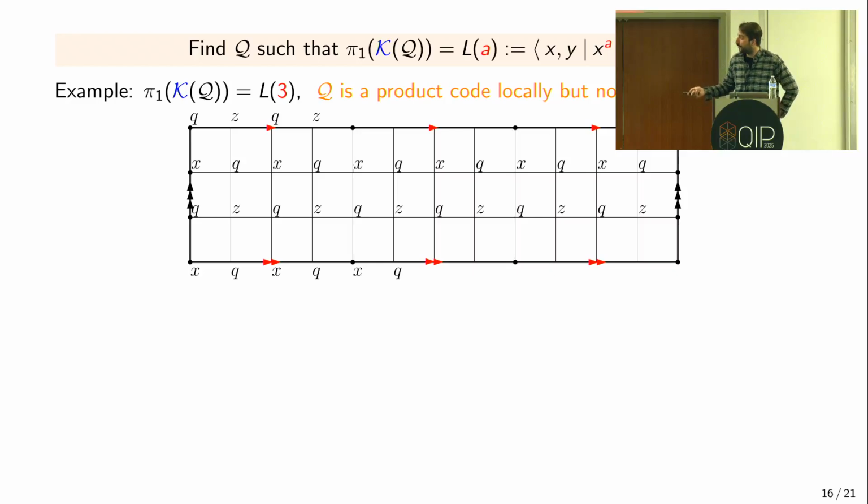And when we do this, we obtain a quantum code Q, which is a product code locally, but which is not a product code globally. So this is a new type of code. And if we continue by generating the faces of the Tanner-Cohn complex, then we just recover a space which has L3 for fundamental group, because the fundamental group is really a topological invariant.